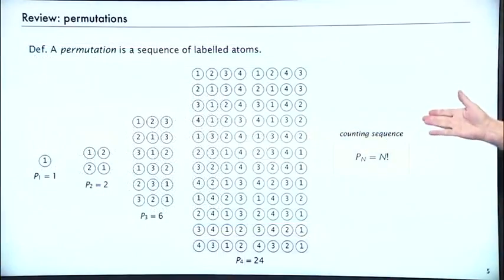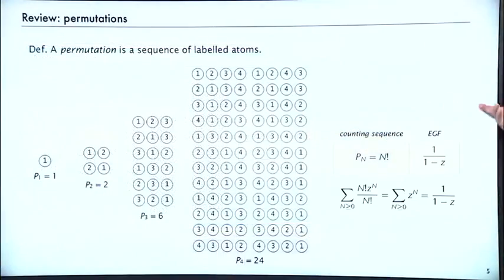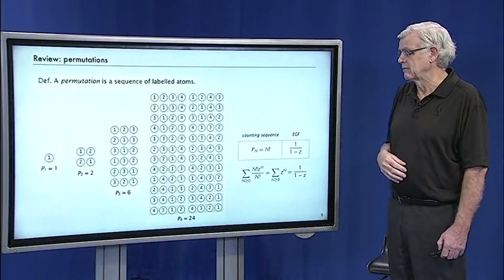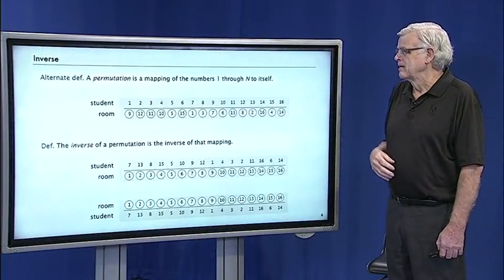There's n factorial permutations of n elements, and from the point of view of generating functions, the counting sequence is n factorial, we have a normalizing factor n factorial, so those cancel out, and the exponential generating function for permutations is the sum of z to the n, or 1 over 1 minus z. This is just a quick review of what we talked about in the analytic combinatorics lecture.